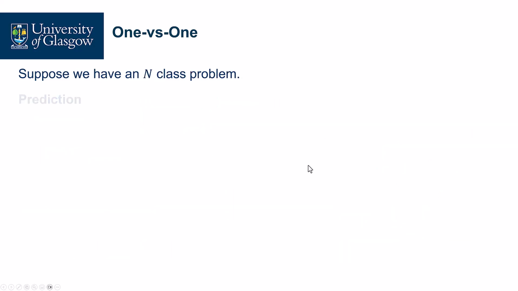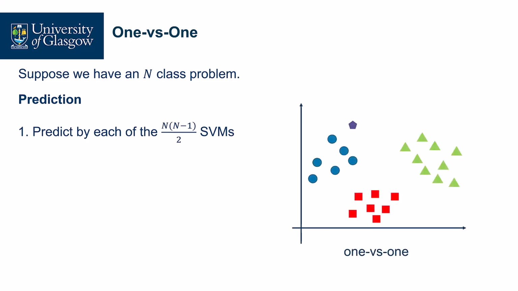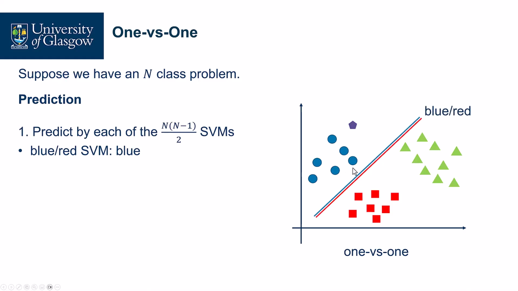We can do it like this. We use each of them as an SVM to make a prediction, and then we will have results. For example, this is a predicted point. Let's use the blue-red SVM. Okay, I predict it to be blue. Then I use the red-green SVM.